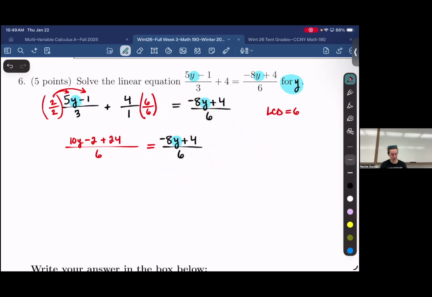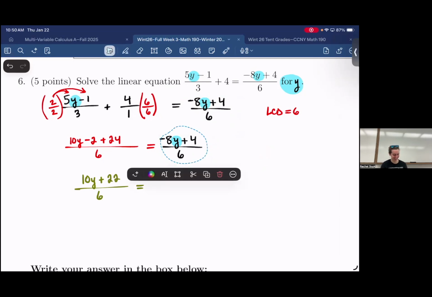Let's combine some like terms in the numerator over here. So we're really just looking at 10y plus 22 over 6. Yeah, 22. Thank you. You guys are paying attention.